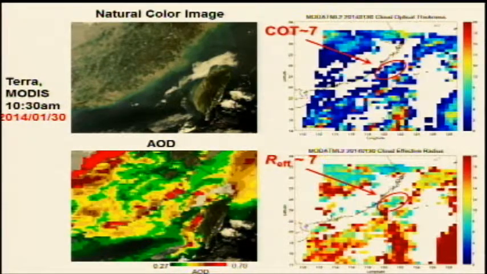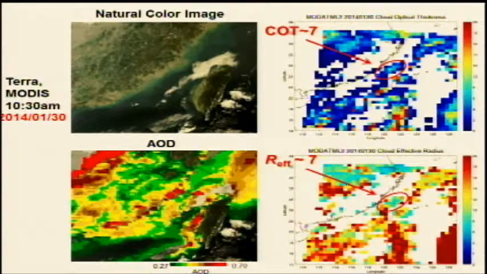If you can see from the AOD, this is the cloud patch, and around it the AOD is actually pretty high, 0.4, 0.5. And if we look at the cloud optical depth for this fog, it is around 7. And the effective radius, also from MODIS, is around 7 micron.